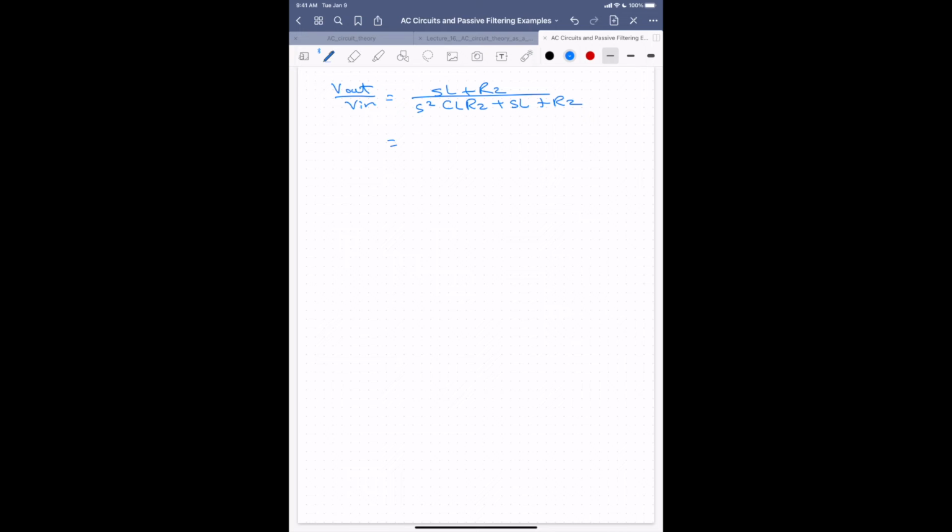So we'll have S times 0.15 plus R2, which is 200, over S squared C, which is 1 millifarad, so 0.001.